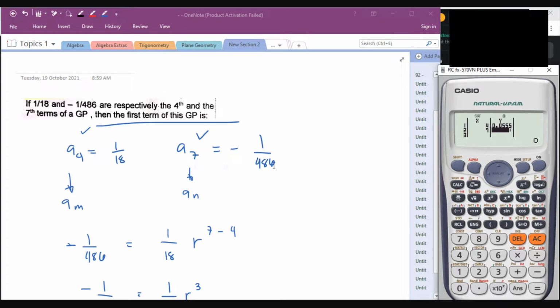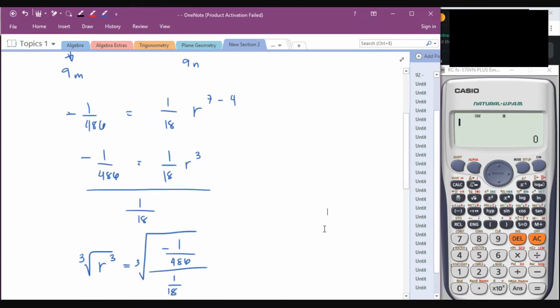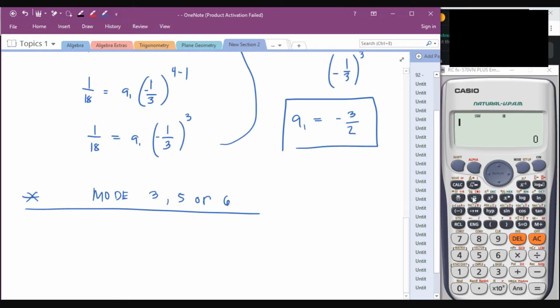Tapos yung seventh term mo, that is negative 1 over 486. And then you press AC. After pressing AC, press mo ulit Shift 1, 5, 5. Ang hinahanap mo dyan is the first term. O, the first term now will be math error.